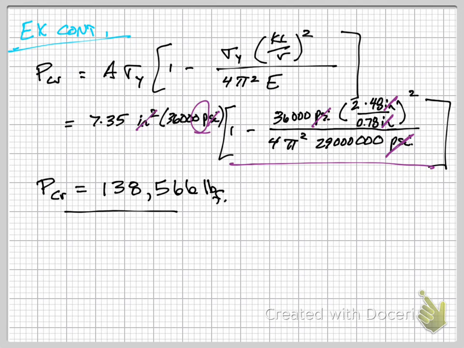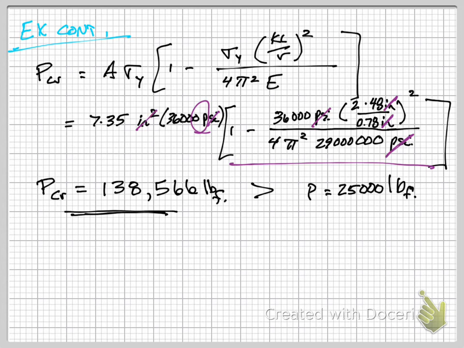Go back and check that every time. Make sure you answered the correct problem, because in this case, if I just leave it here, the answer is wrong, because the question was, is buckling a concern? In order to answer that question, I have to compare P critical with the intended load. Oh boy, what was the intended load? 25,000 pound force. Okay, and if I do this comparison, P critical is much bigger than our load.